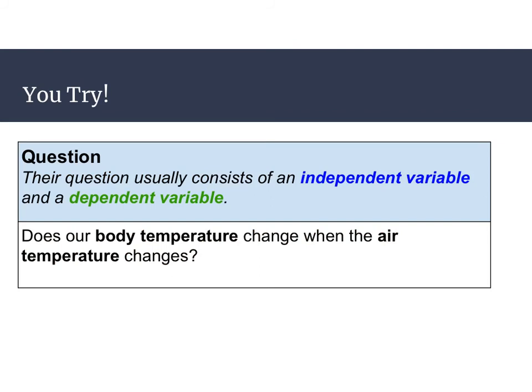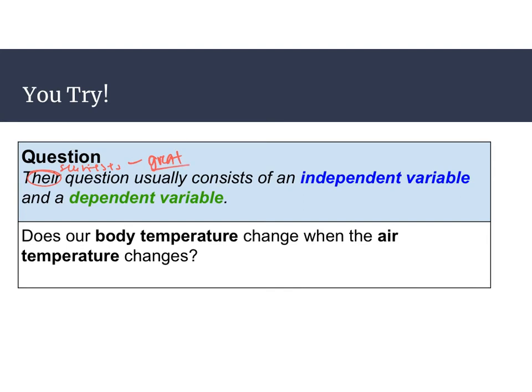In your Digi Notes in your handout, you will see this box that says question. Scientists' questions usually consist of an independent and dependent variable. Great scientific questions consist of an independent and dependent variable.